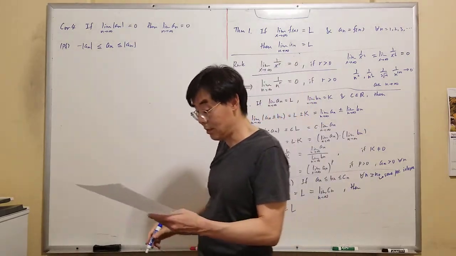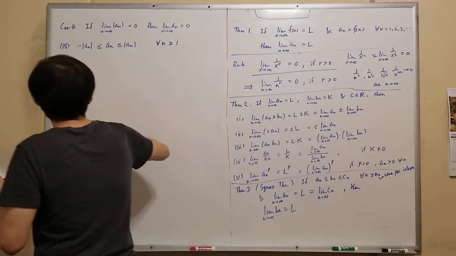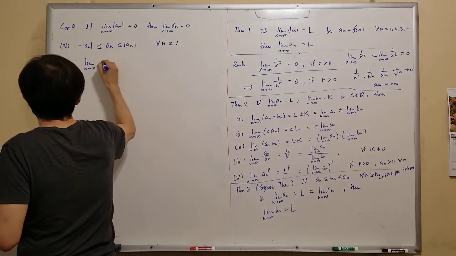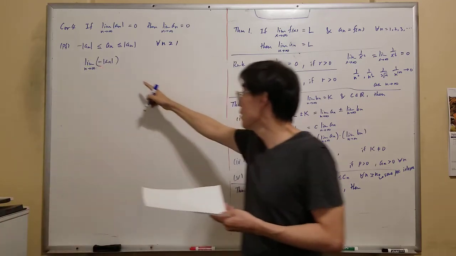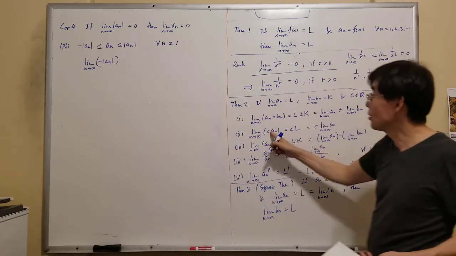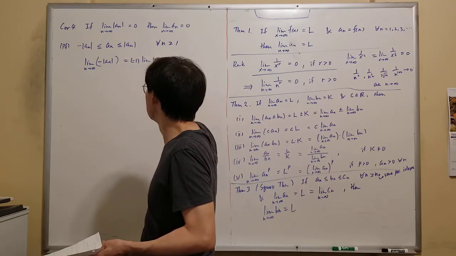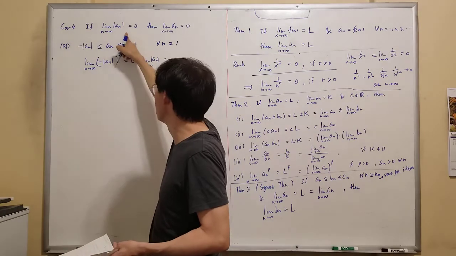But anyway, still, for all n, minus a_n is negative 1 times the absolute value of a_n. A constant multiple can be taken out, minus 1. Right? We learned that this is already 0.